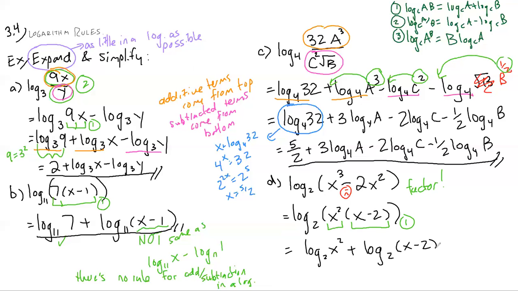I can't do anything with x minus 2. Again, there's nothing I can do with that subtraction, but I can pull the 2 out from x squared, and that will be it. So 2 log base 2 of x plus log base 2 of x minus 2. And so that's about it that you'll see as far as expanding and simplifying.